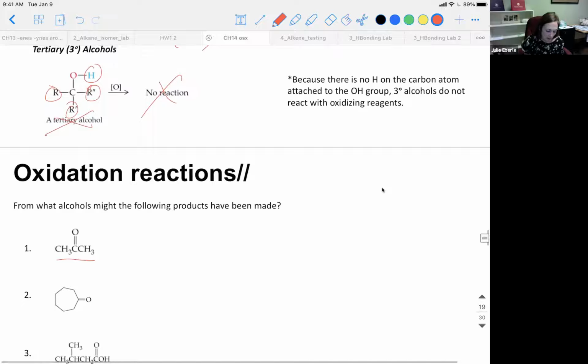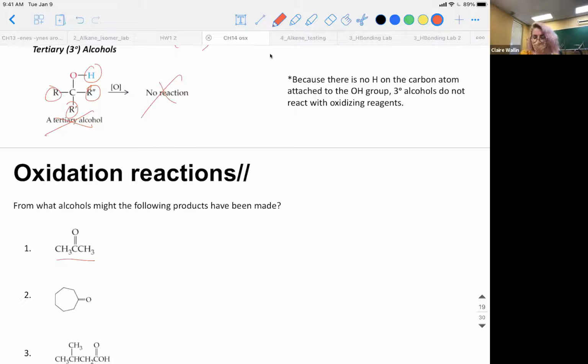So what kind of product is this? If you look at this, what kind of functional group is this, on number one? Basically, you just say, okay, is it an aldehyde, a carboxylic acid, or a ketone? Is it a ketone? It is a ketone.